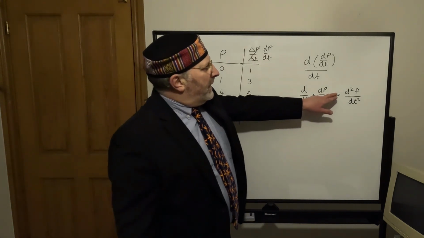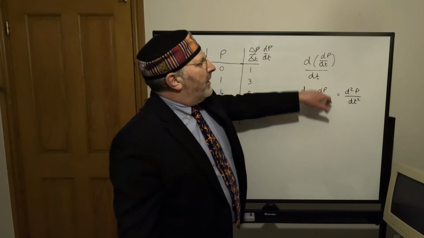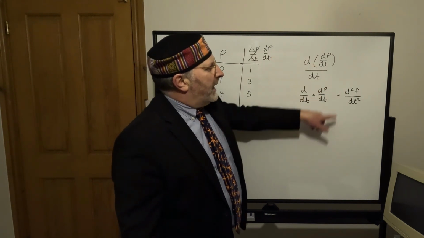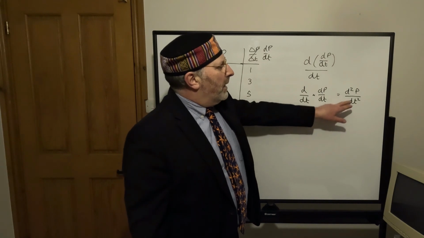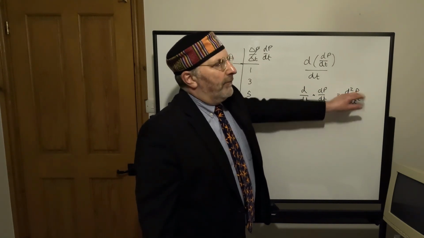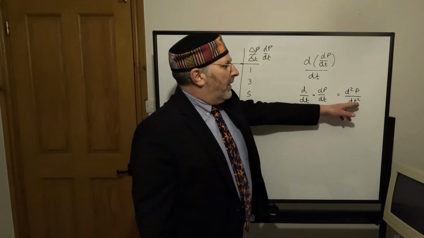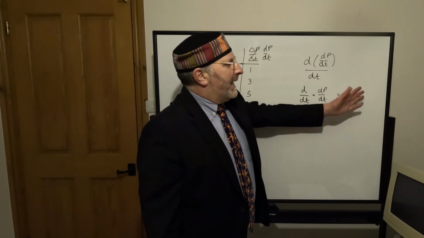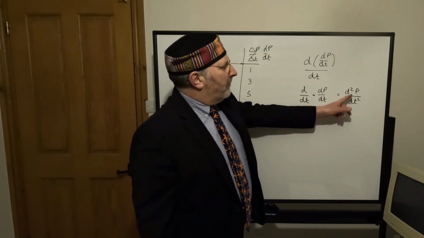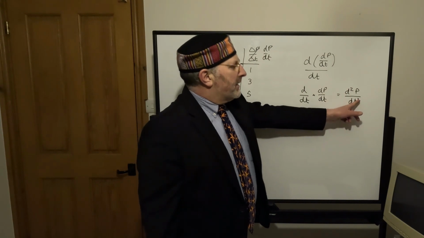So the second derivative, the rate of change of the rate of change, is d2 by dt squared of whatever the variable is, or it could be d2p by dA squared, whatever. But the second derivative is d2 by d something squared.